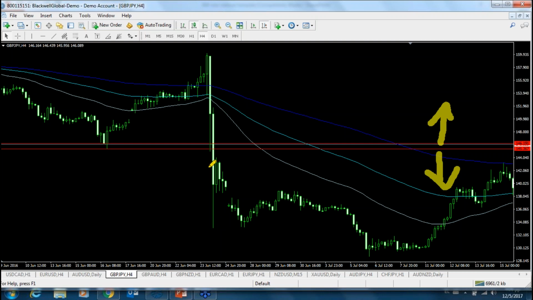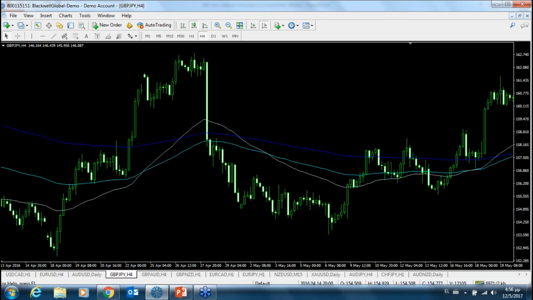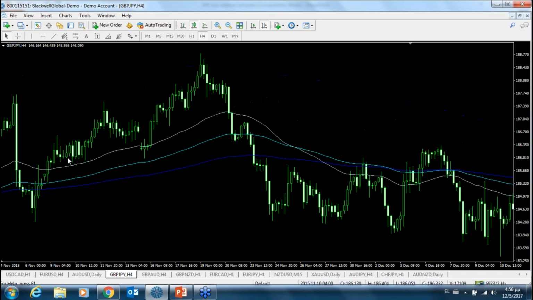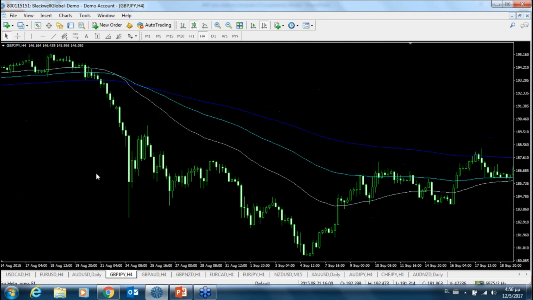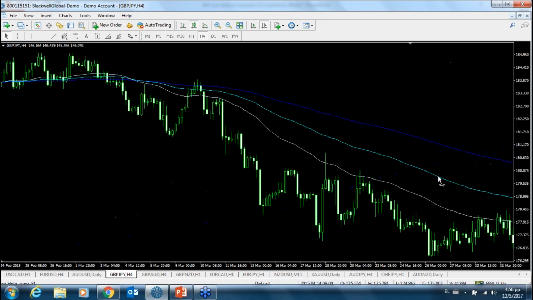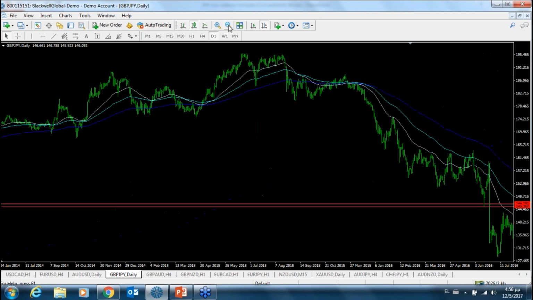Okay, so now it's a bit of a trap situation here, but let's look at other more significant areas for the GBP JPY. Let's just scroll, take our time and observe prices and see whether we could find any interesting point. We're looking at price now, as well as where prices have moved, whether upwards or downwards, in the past.